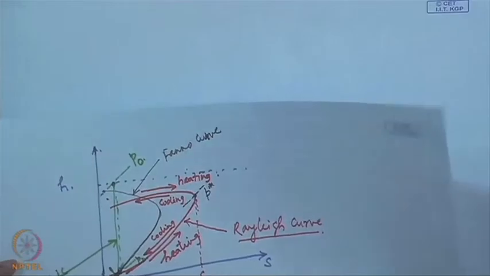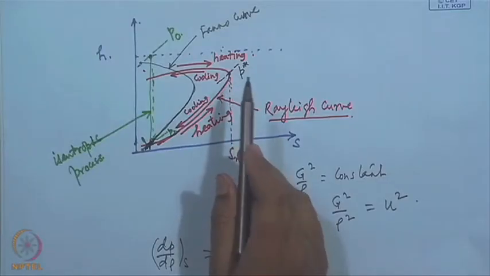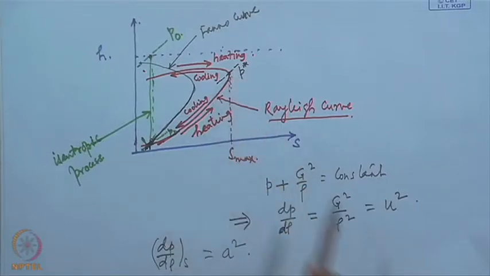So, dp d rho represents speed of sound only for the special condition when an infinitesimal variation in pressure changes the density infinitesimally in such a way that there is no change in entropy. And from this figure we can see that this happens at the point of maximum entropy.